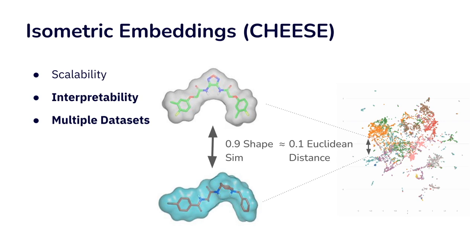And here is a sketch of how this method works, or what it means to be isometric. At first, you have pairs of molecules with some pre-computed 3D shape or electrostatic similarity, which is obtained by sampling conformers, aligning the conformers, and then computing electrostatics and evaluating 3D shape and electrostatic integrals to obtain the overlap and thus shape or electrostatic similarity of those molecules.